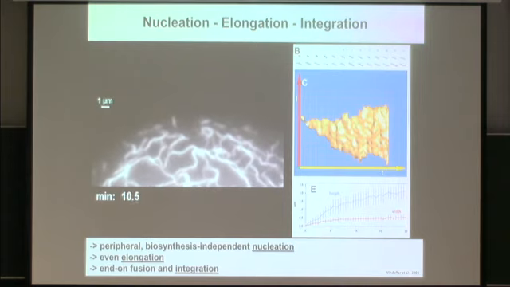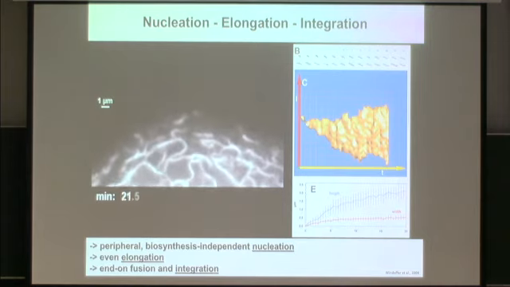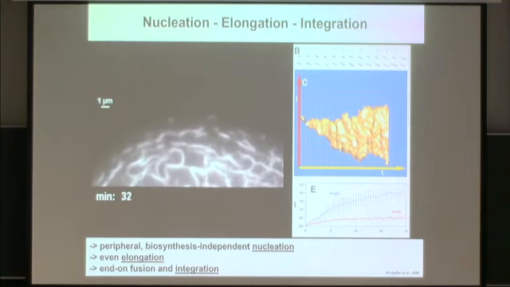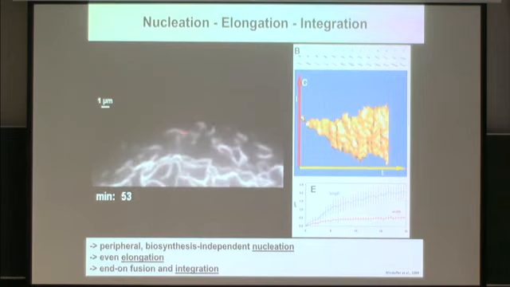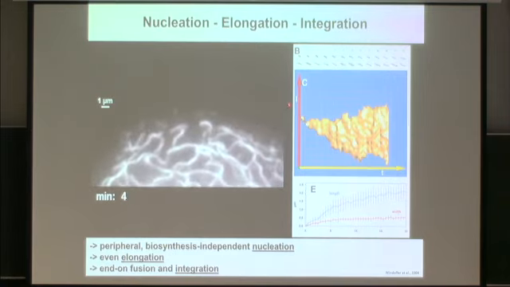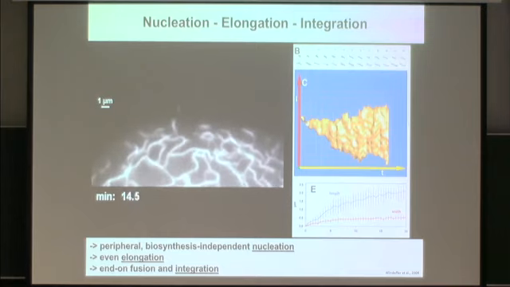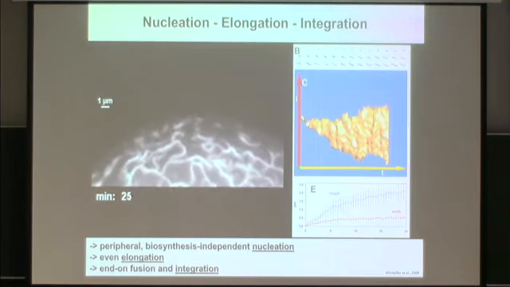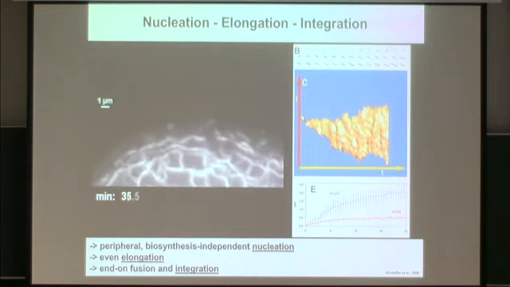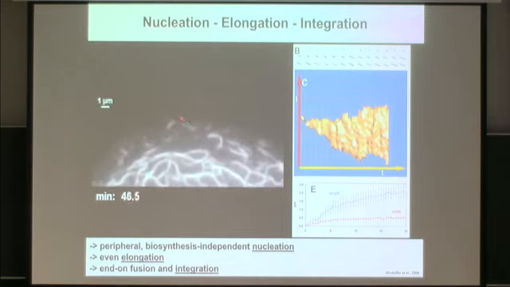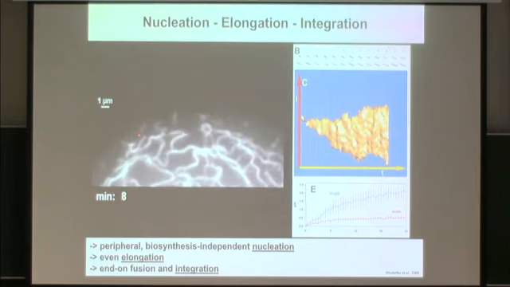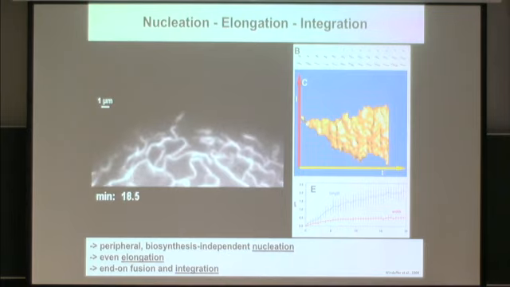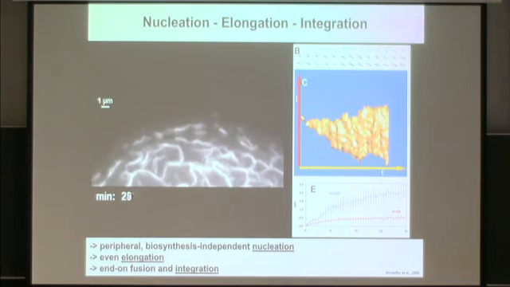We refer to this process as nucleation. These particles grow longitudinally, a process that we refer to as elongation, and this shows growth of one such particle. Here are several particles in this composite diagram. And these elongating particles then fuse with each other and integrate through their ends into the peripheral network.